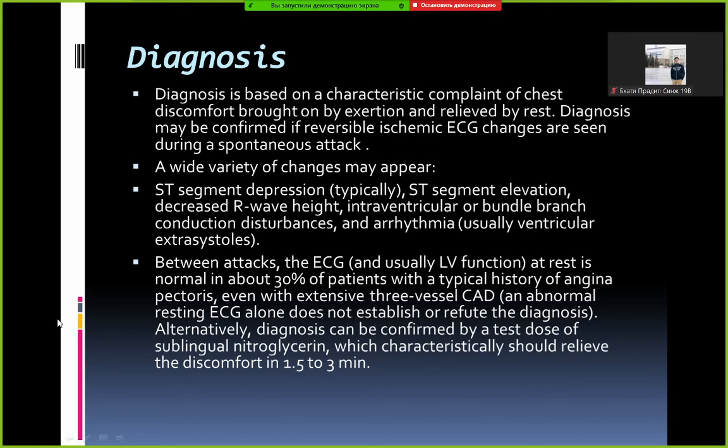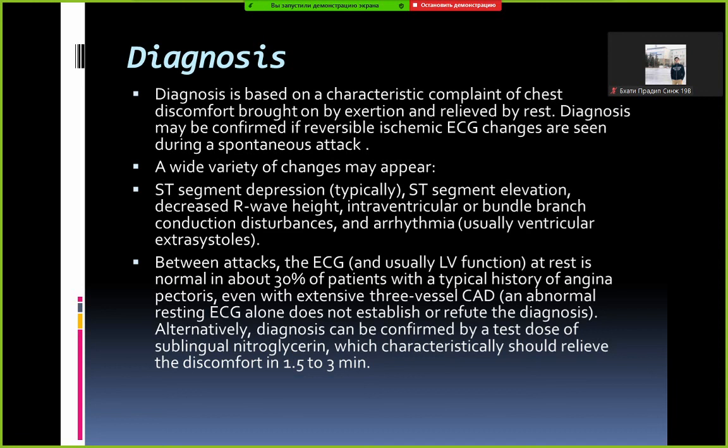Diagnosis of angina pectoris is based on a characteristic complaint of chest discomfort brought on by exertion and relieved by rest, and diagnosis may be confirmed if reversible ischemic ECG changes are seen during a spontaneous attack.